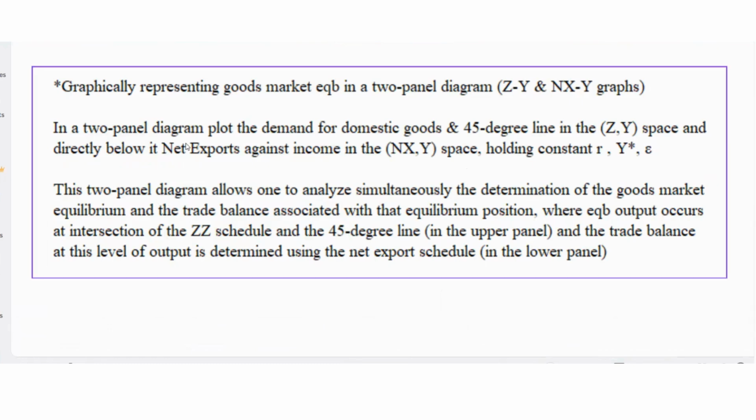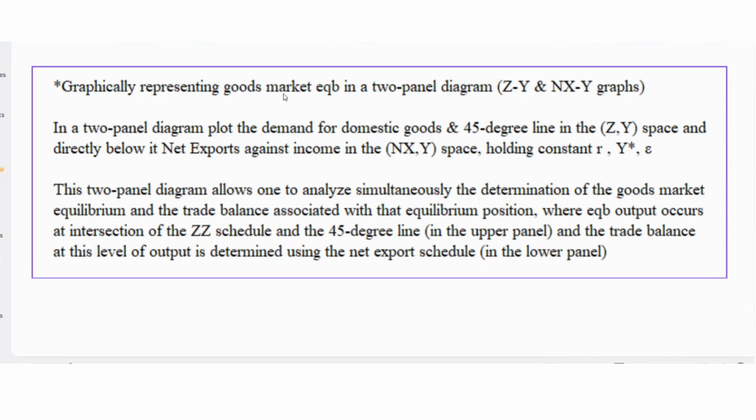In the ZY space, we plot the ZZ line, the demand for domestic goods as a function of income, and a 45-degree line, Z equals Y. Directly below it, we plot net exports against income in the NXY space, holding constant the real interest rate, foreign income, and real exchange rate.